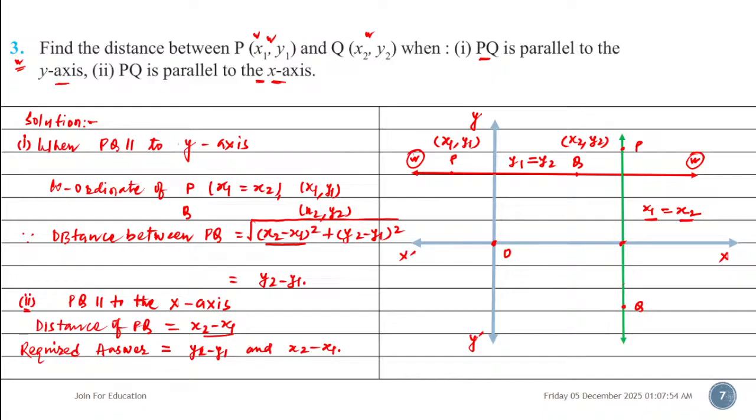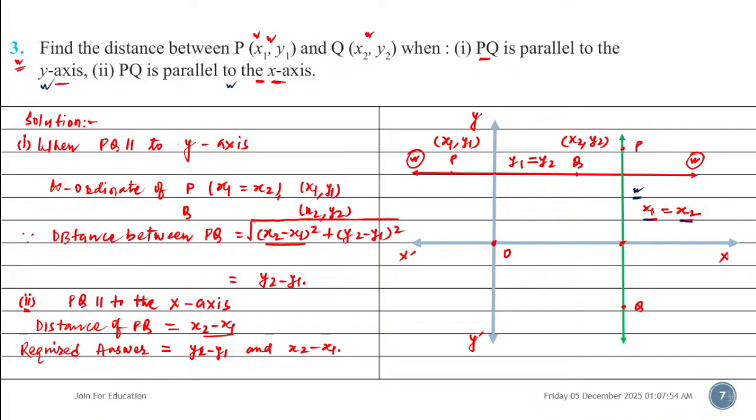In question number 3, we have 2 points and a line passes through these 2 points. First time parallel to the y-axis and second time parallel to the x-axis. When the line is parallel to the y-axis, then the value of abscissa is the same, it means that x1 equal to x2.